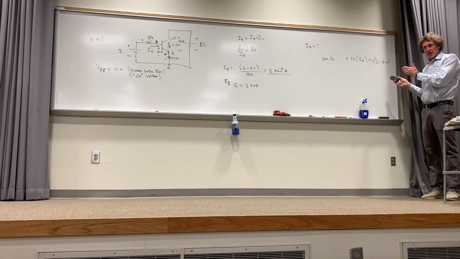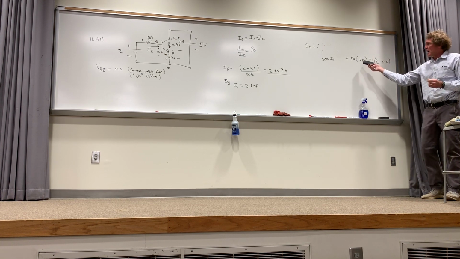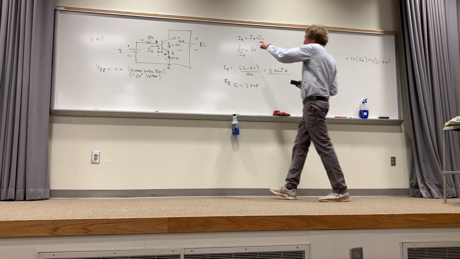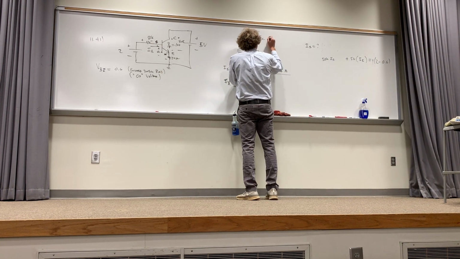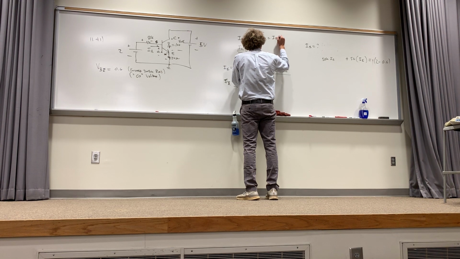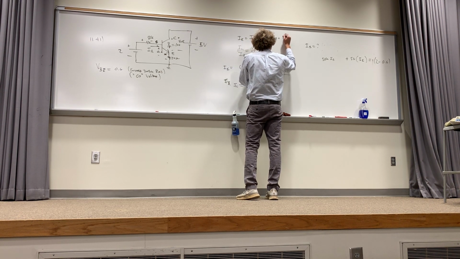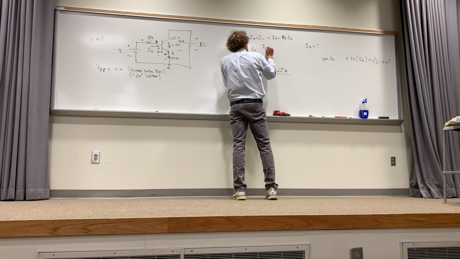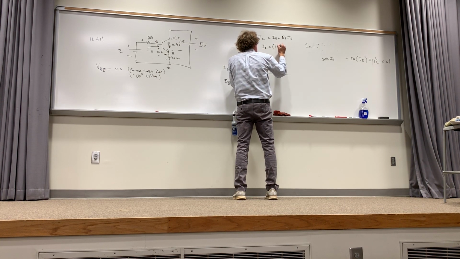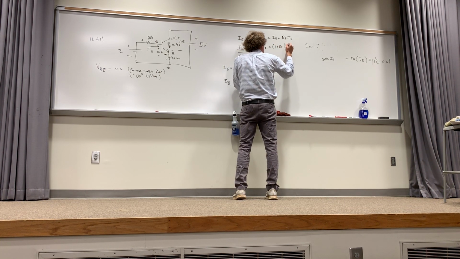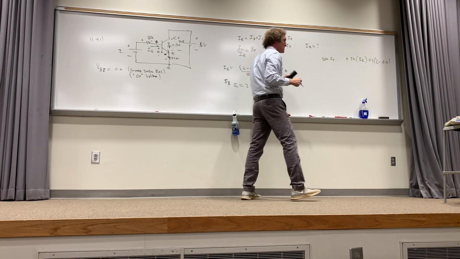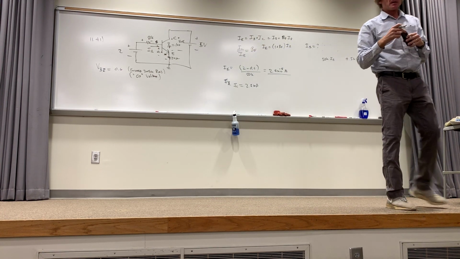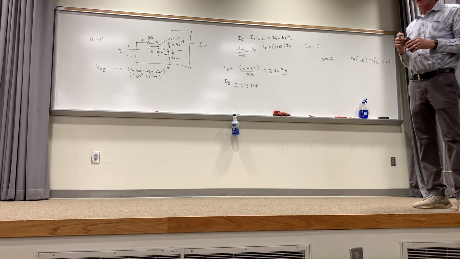Now this is the part you have to make sure you see. Now IE is equal to IB plus IC, but IC is beta forward times IB. Or I can say that IE, and I'll get out of your way, is equal to 1 plus beta forward times IB. Everybody see that? All right?